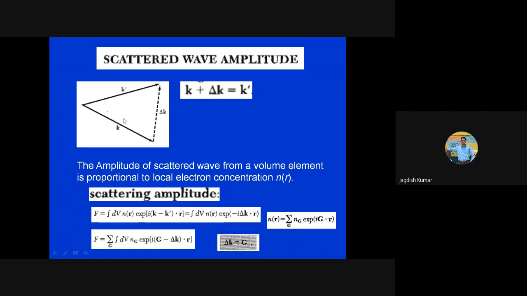Delta k vector can be written like this, now in the form of a vector diagram. If this is your incident wave vector and this is your scattered wave vector, k dash vector, then delta k gives you the total change in the wave vector because of the scattering process faced by X-rays while interacting with the crystal. Fine.